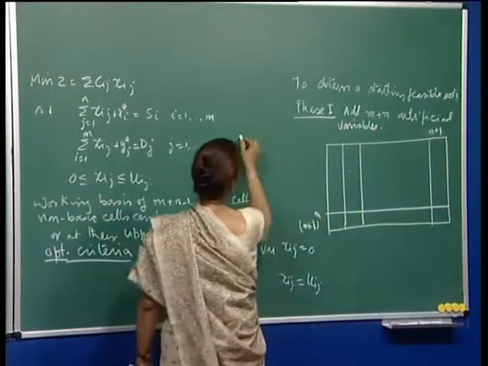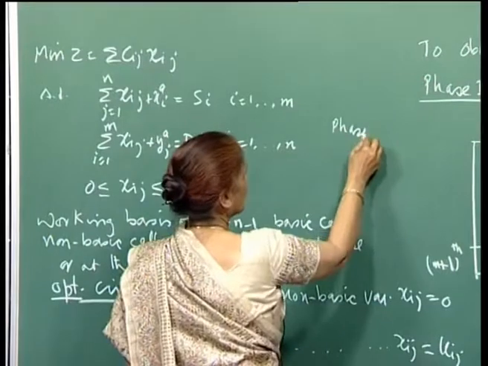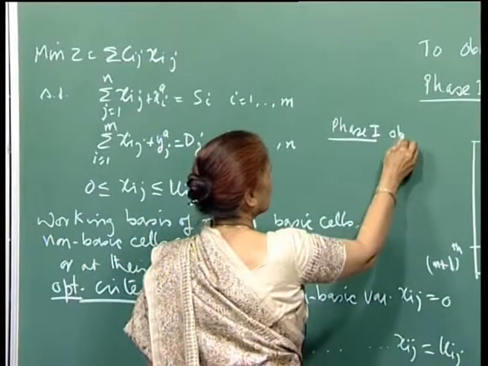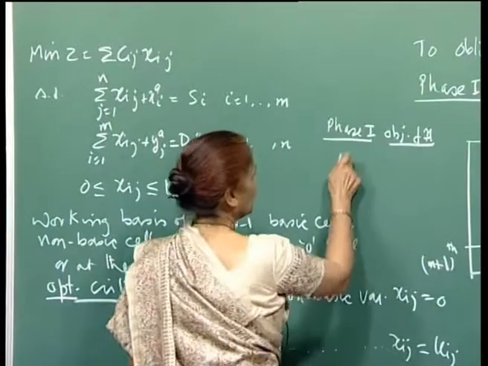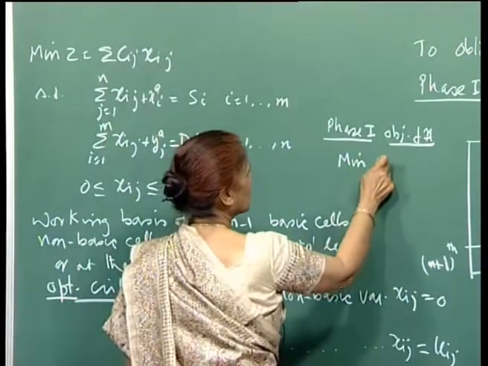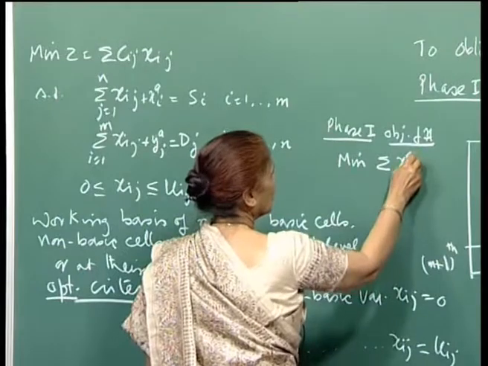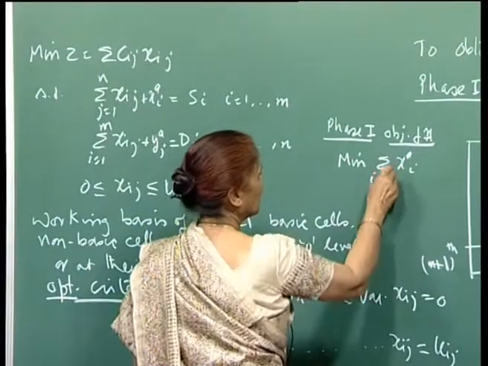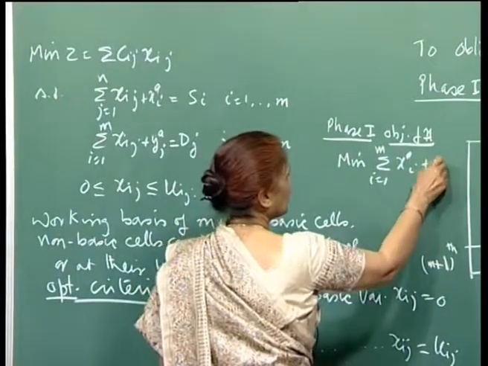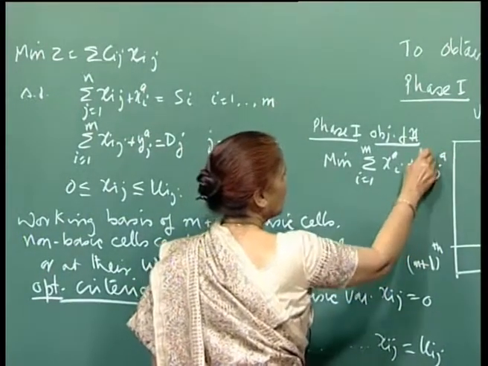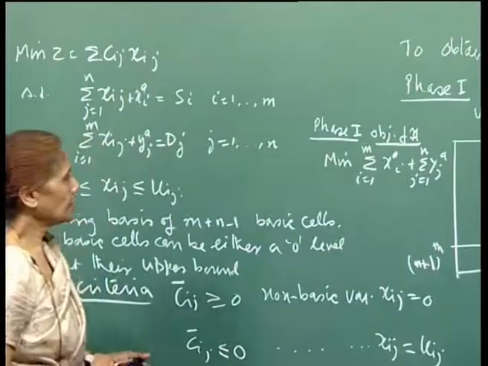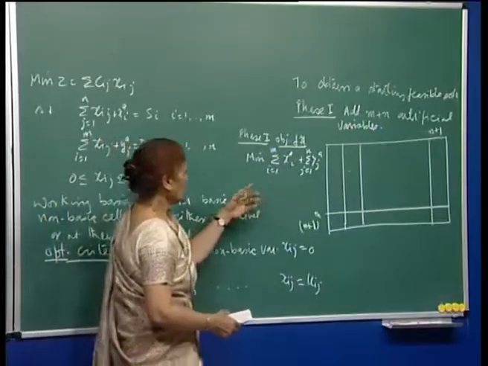The phase 1 objective function would be to minimize the summation of xai, i varying from 1 to m, plus the summation of yja, j varying from 1 to n. All other coefficients will be zeros.